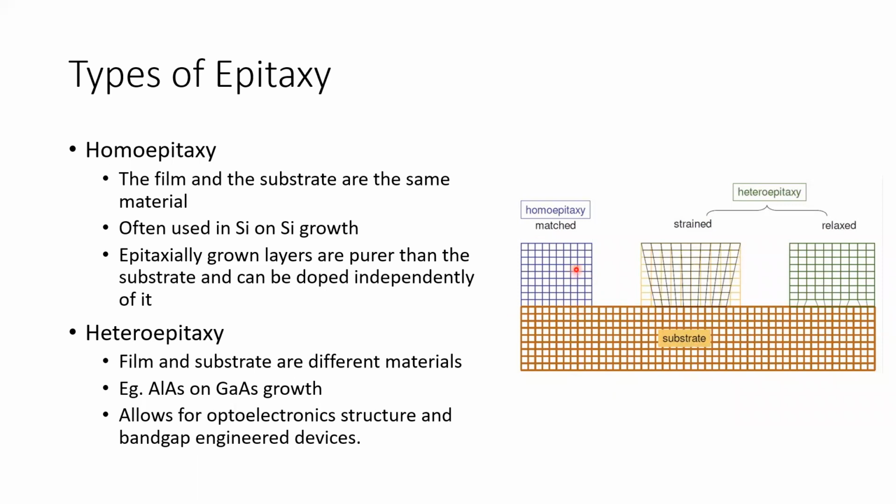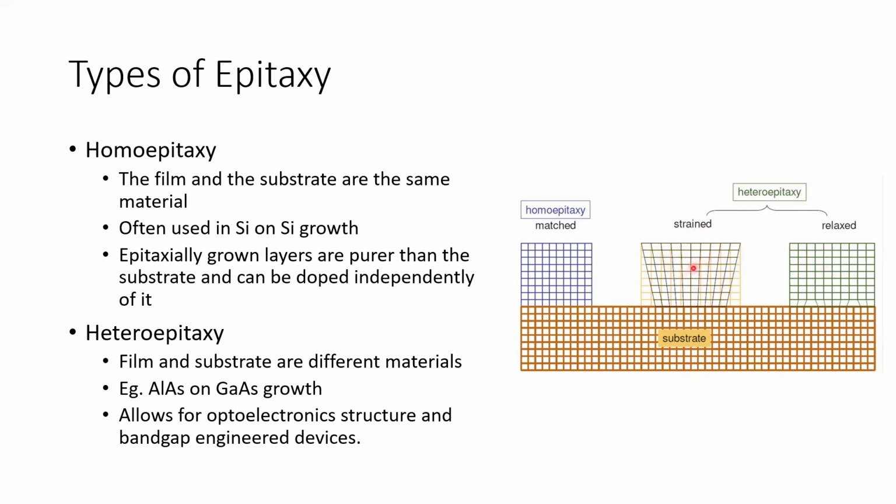As I mentioned earlier, the epitaxial layer is purer than the substrate. And also it can be doped independently. If the structure of the materials is different from the substrate, then we call it heteroepitaxy. So like here, these two are epitaxial layers.